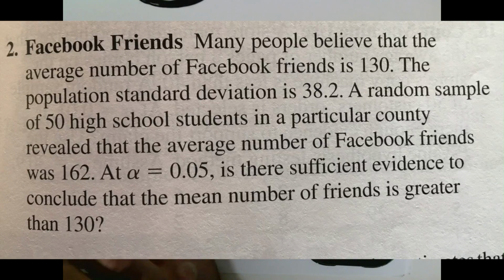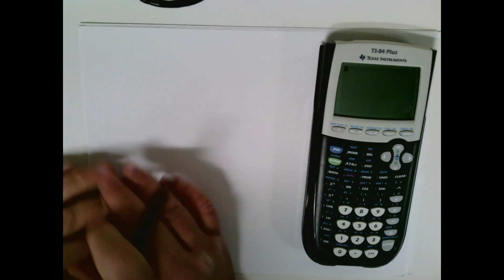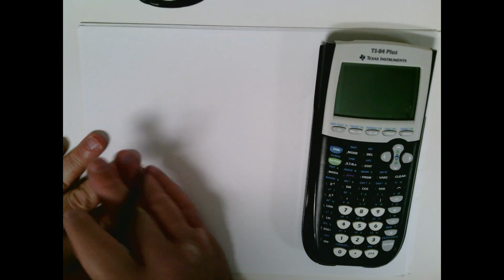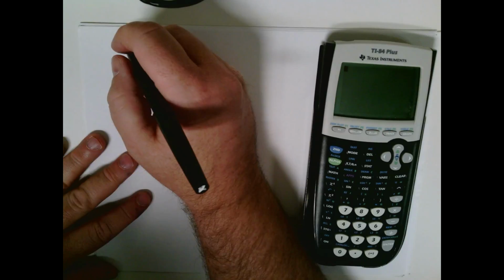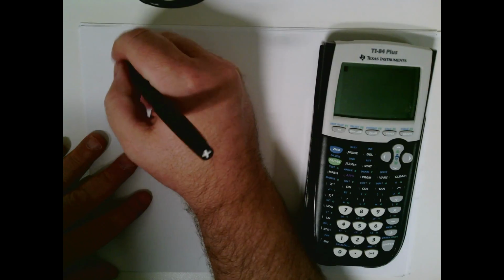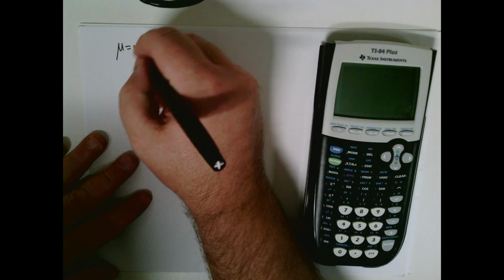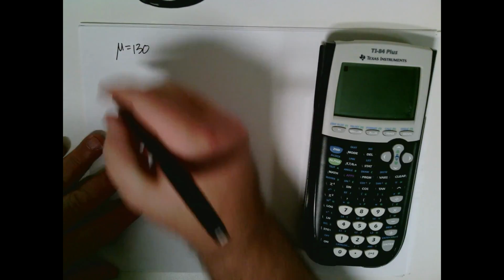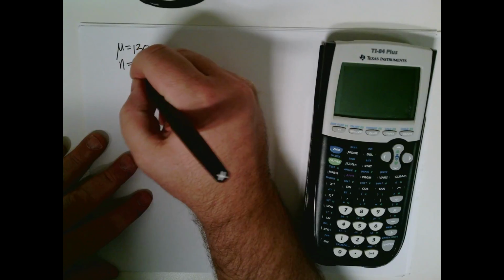Okay, so let's go through this problem again and pick out the numbers we need. Many people believe that the average number of Facebook friends is 130. That's going to be our mu. A random sample of 50 high school students, so that's our n, our sample size.